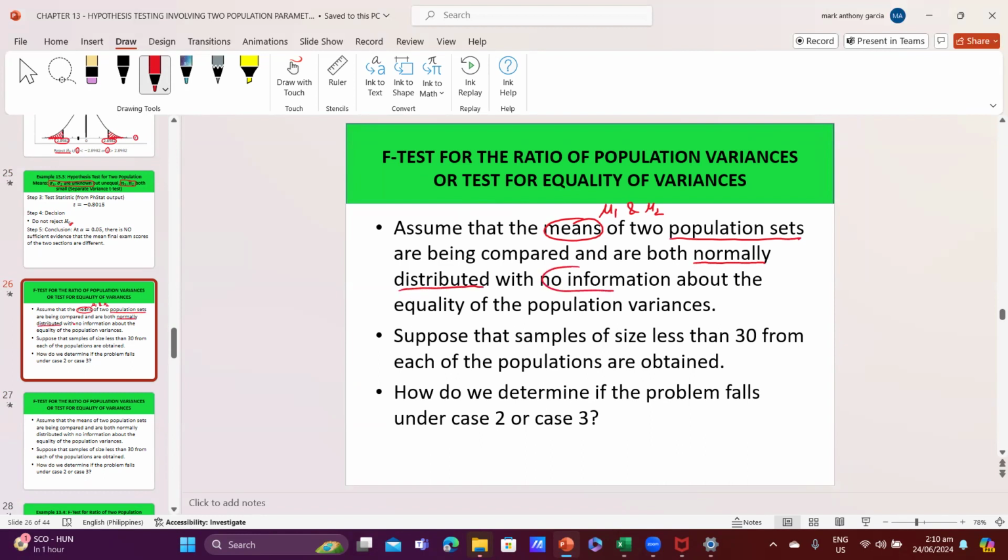However, there's no information whether the variances or the standard deviations of the two populations are equal or not. And of course, we suppose that the sample sizes are both less than 30. So the F-test is used to determine if the problem will fall under the pooled variance t-test or the separate variance t-test.